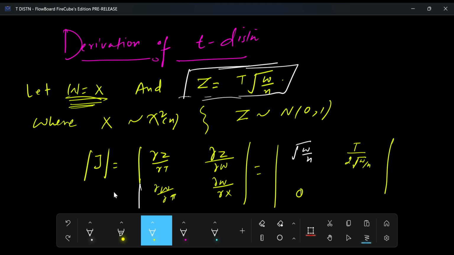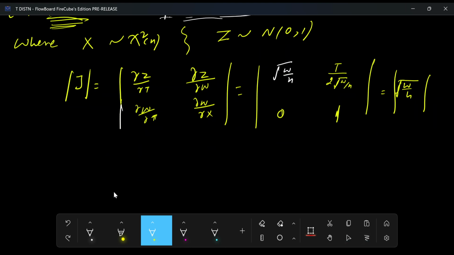Del W by del X: see, here is the involvement of X, so del W by del X will be 1. So the Jacobian will be 1 into this is under root W by N, as 0 into this is 0, 1 into this is this. So the Jacobian will be under root W by under root N.